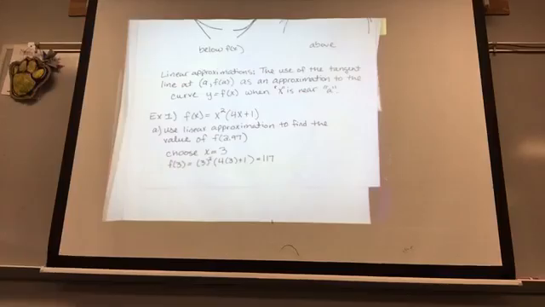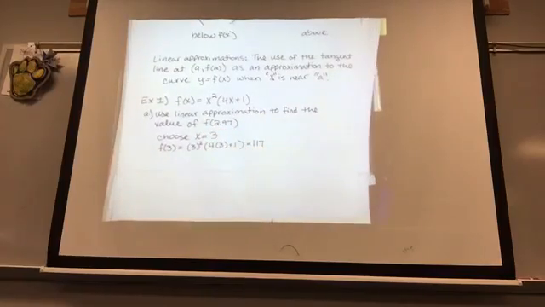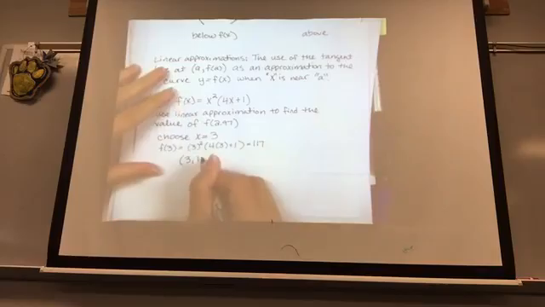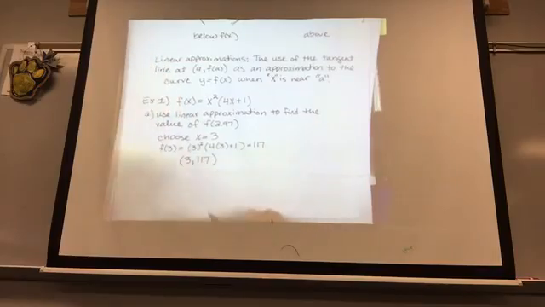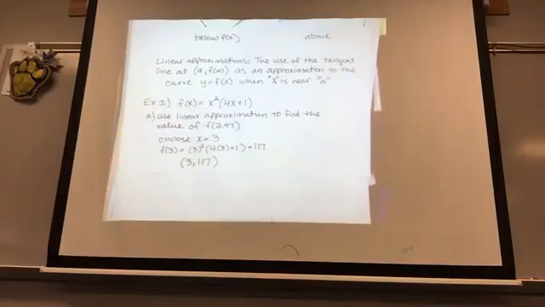And then now we're going to use the derivative to finish the process of finding f of 2.97. So right now I just have this point 3, 117. And if I go back to my definition of what a linear approximation is, it's the use of the tangent line at a, f of a, as an approximation to the curve y equals f of x when x is near a. So I've got my point.